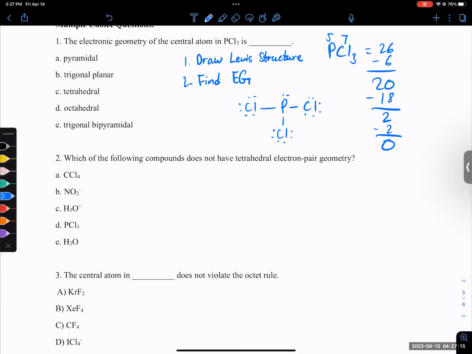So that being said, there's 5 electron regions. What is our electron geometry? Trigonal bipyramidal. Wait, am I blind? Where's the 5?